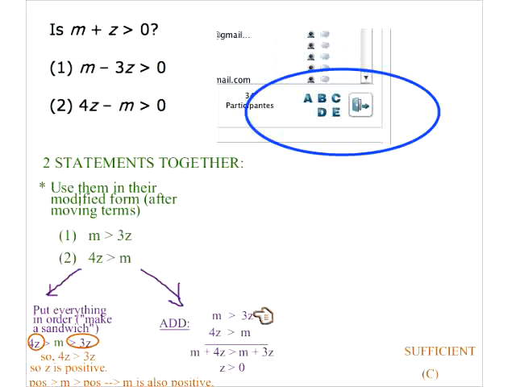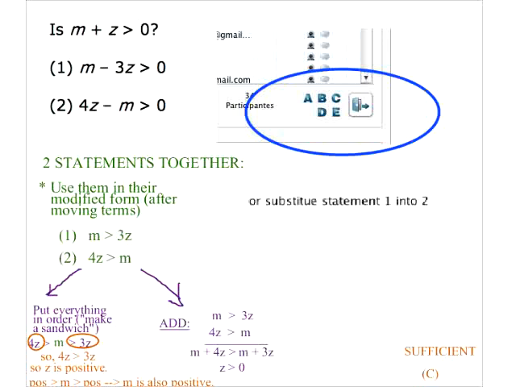One thing you cannot do is substitute. One person wrote this. This doesn't work with inequalities, because a substitution is something that's equal.